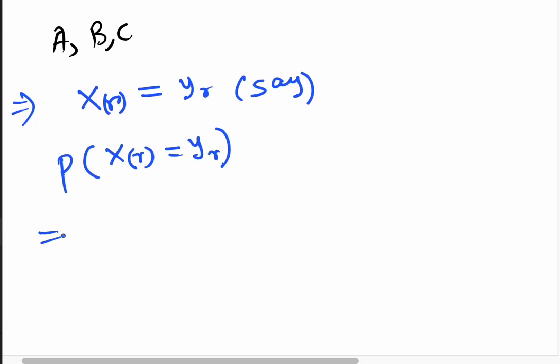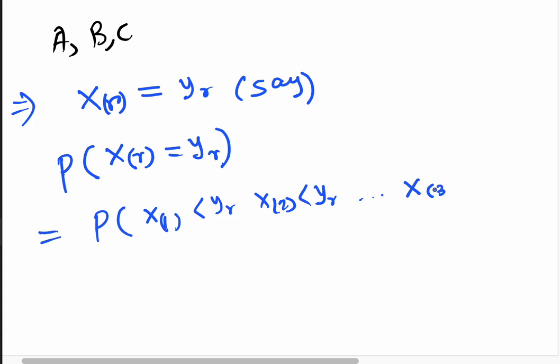This means the previous r minus 1 variables, x1, x2, up to x of r minus 1, should be less than y of r, and x of r equal to y of r, and all the other variables from x of r plus 1 up to n should be greater than y of r.